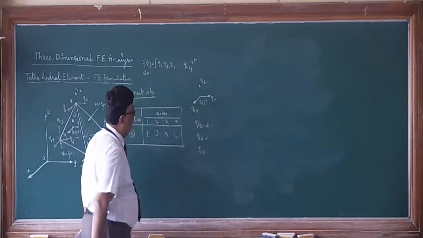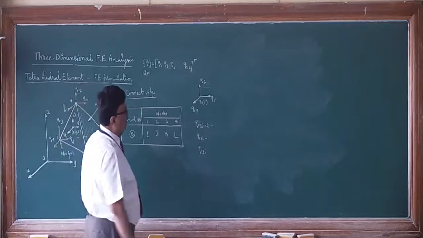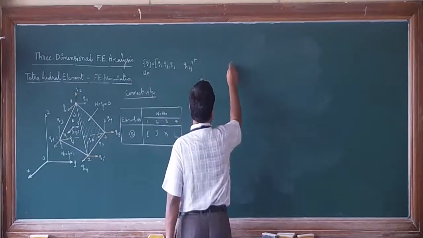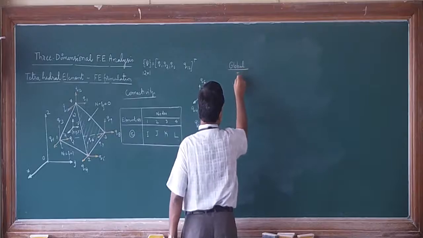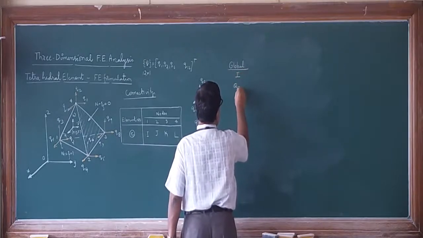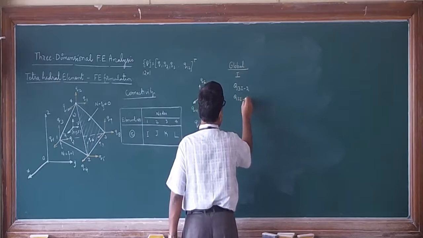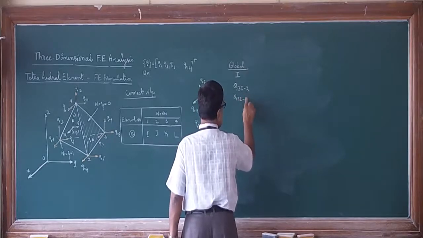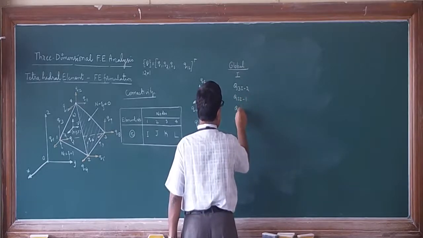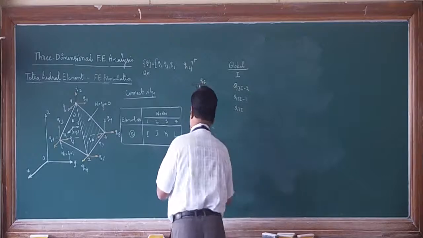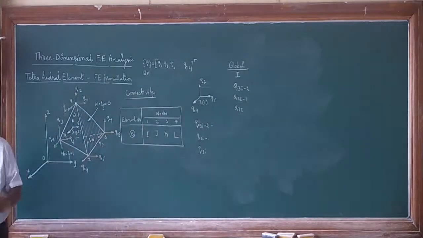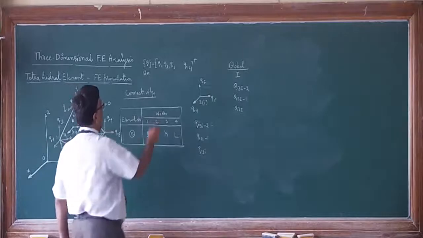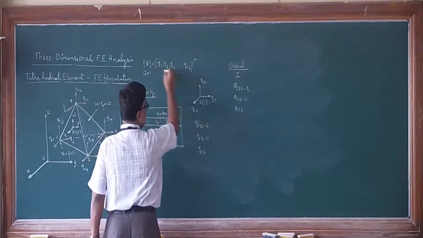So this is as far as the element nodal connectivity is concerned. Even for global connectivity, you are going to write the same thing. That is, if you have the global node number I, then it is Q3I minus 2, Q3I minus 1, and Q3I. But the only interesting point is, when it comes to the element displacement matrix, it will remain like this.